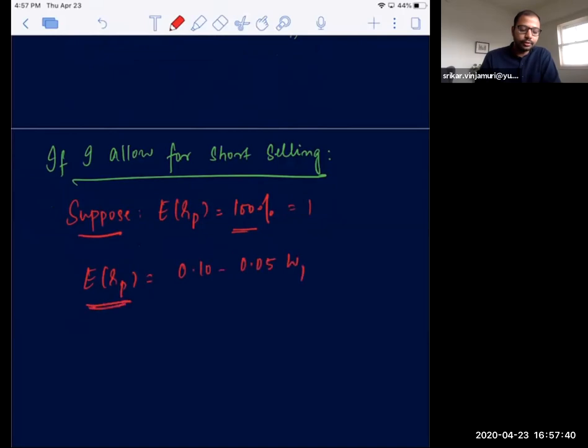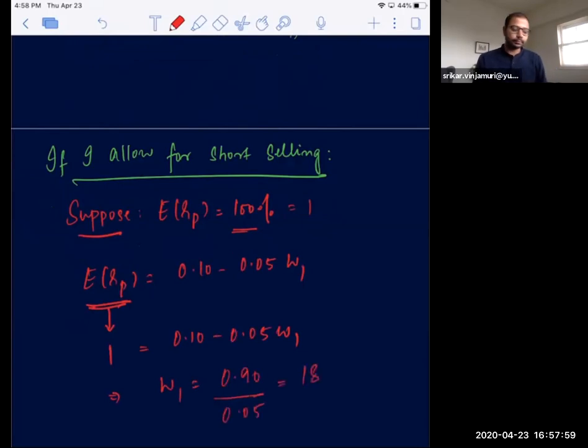So I set that equal to 1, which indicates that W1 should be 0.90 over 0.05, which is 18, or negative 18, I should say. So this tells me that the portfolio weight on the first asset should be negative 18.